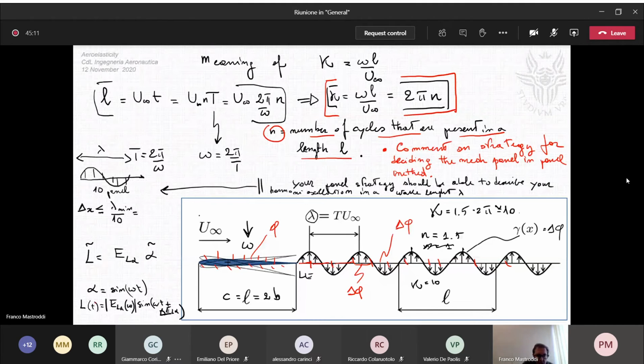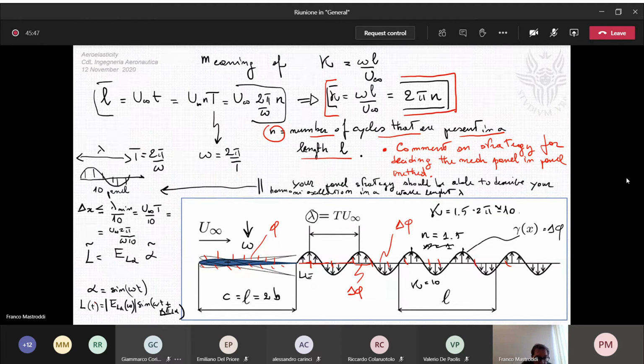But lambda is equal to U infinite times capital T, and this capital T again is 2 pi by omega. So you have U 2 pi by omega divided by 10, and this omega is actually this omega here.